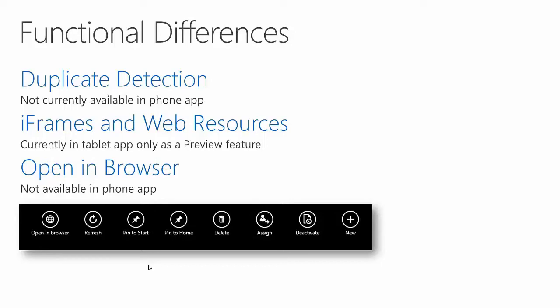So this list has kind of been focusing on differences of what's available in the tablet app that's not in the phone app, but there's also different features that are available in the web application that aren't in the tablet application, such as Yammer or Bing Maps integration. So one thing to be aware of is that in the past you could have used open in the browser in the tablet application to potentially view that information on your tablet, but in the phone application, open in browser is not available because there isn't an equivalent browser experience that you have on the phone application.